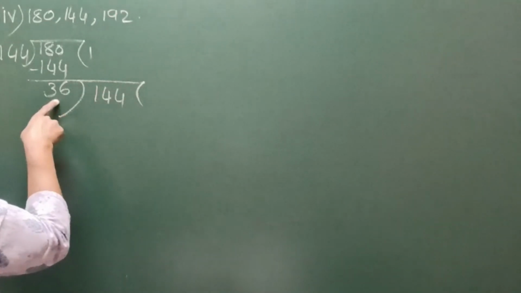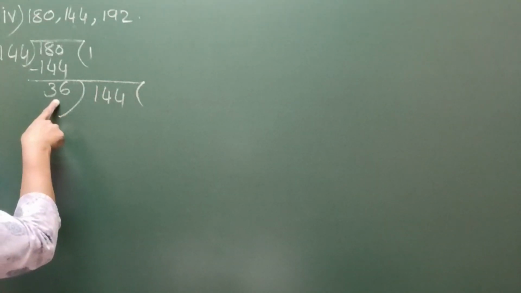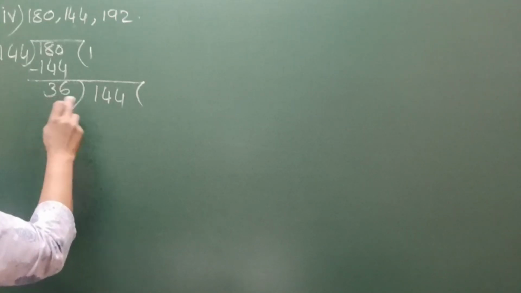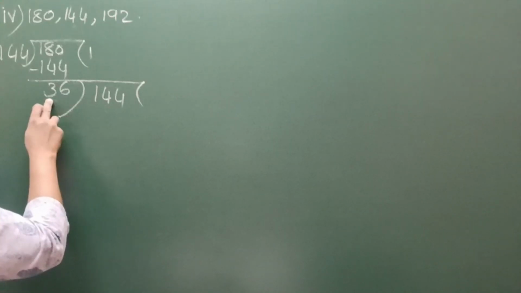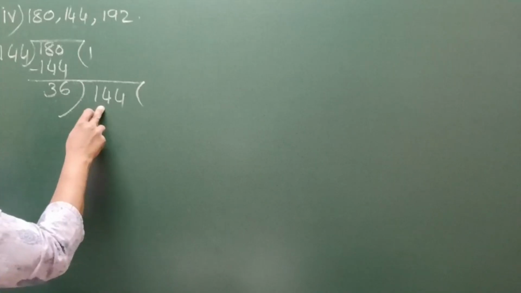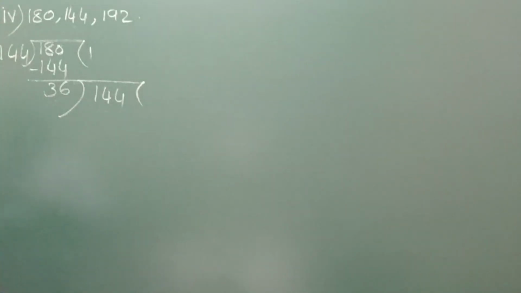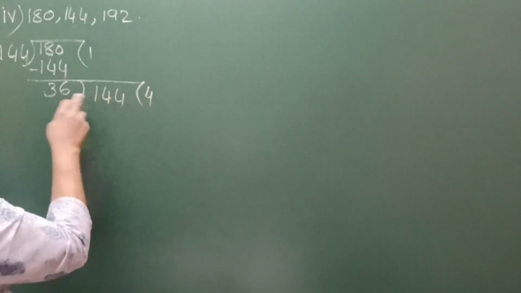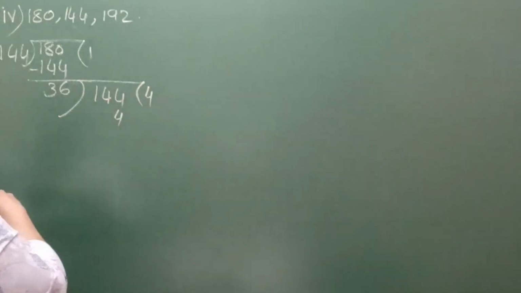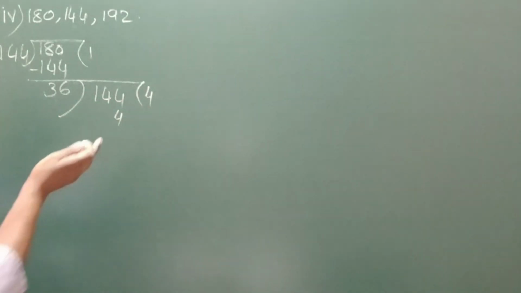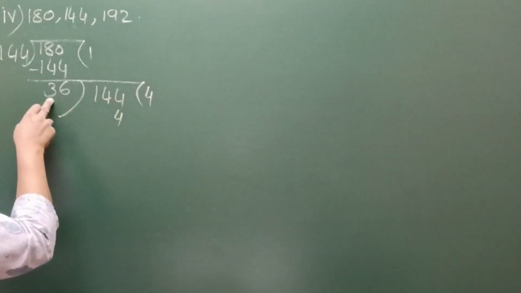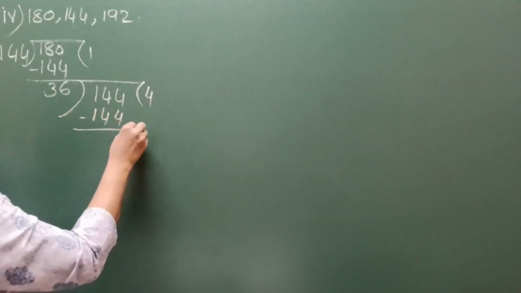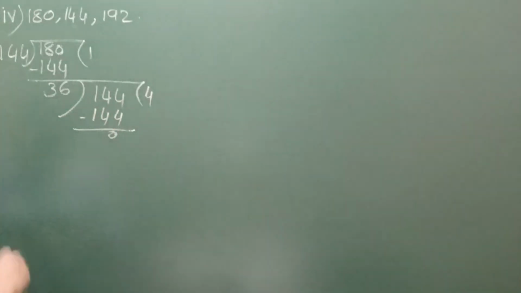144 divided by 36. Now take 1 digit here and 2 digits here. Here 3 and 14. 3 4s are 12. 4. 4 6s are 24. 2 balance. 4 3s are 12 plus 2, 14. 0.